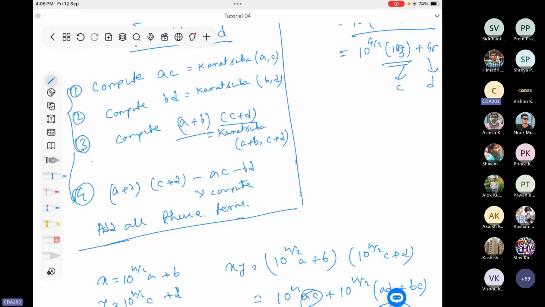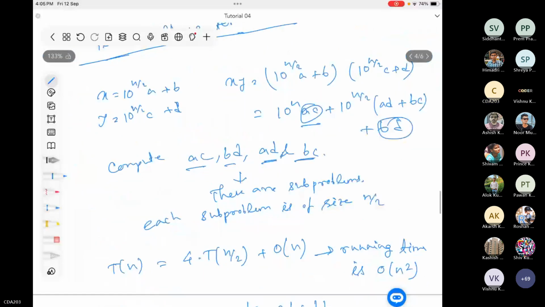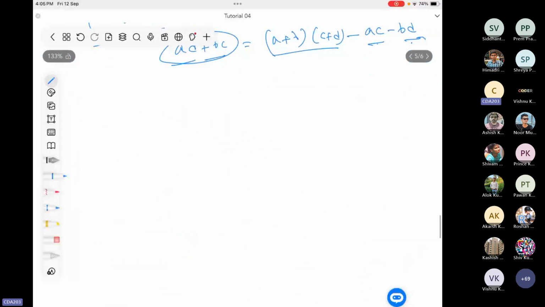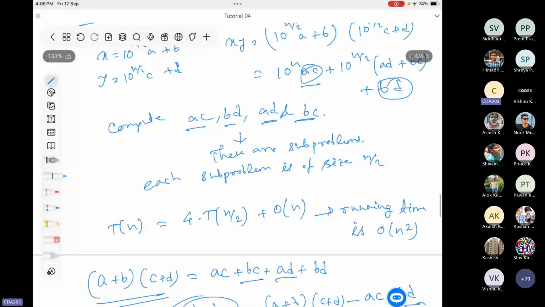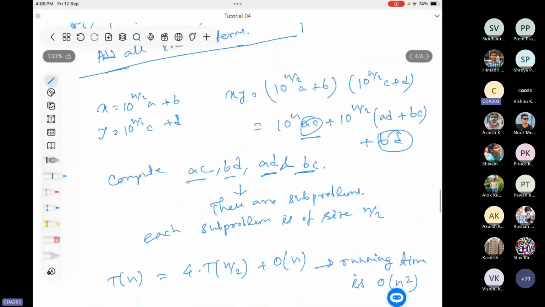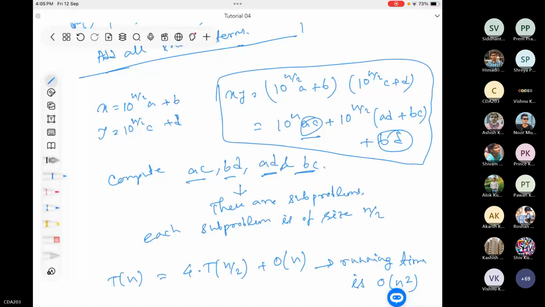That's why we are performing step 4, subtracting AC and BD from A plus B, C plus D. And after that, we add all these terms, because the addition is happening according to this law, this part. That's why we are adding.